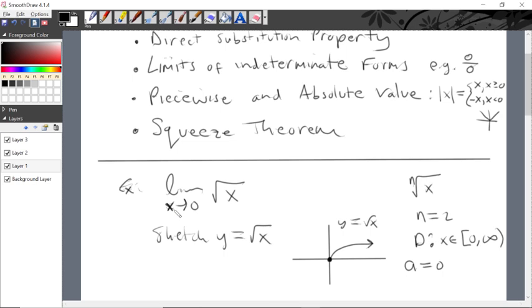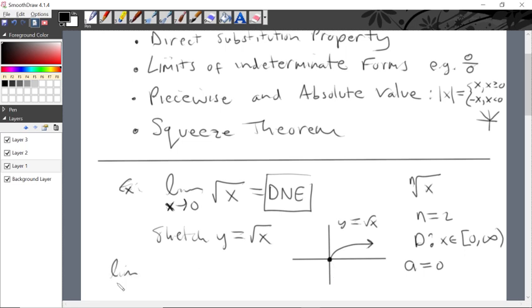From our previous discussion of the intuitive definition of the limit, why is it that the limit as x goes to 0 of the square root of x does not exist? Take a look at the graph to see. The reason it does not exist is because we can't take the limit from the left.